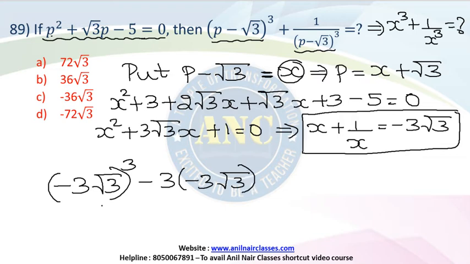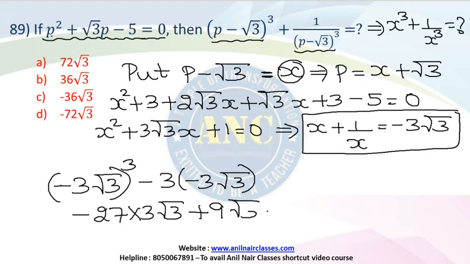If you simplify, you will get the answer. Minus power 3 is minus, 3 cube is 27, root 3 whole cube is 3 root 3, and then minus into minus is plus. 3 into 3 is 9, it is 9 root 3, minus 27 into 3 is minus 81 root 3 plus 9 root 3. Answer can be easily got as minus 72 root 3, which is option D.